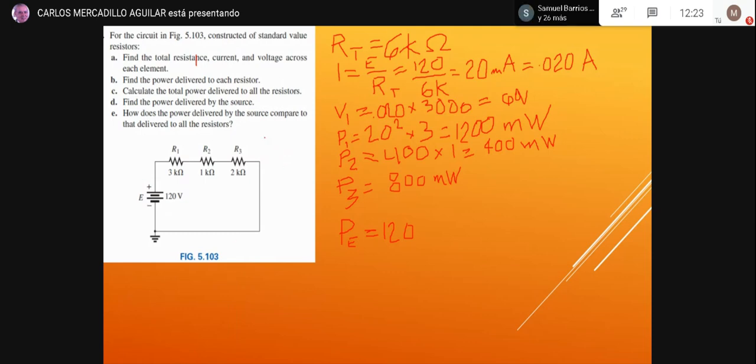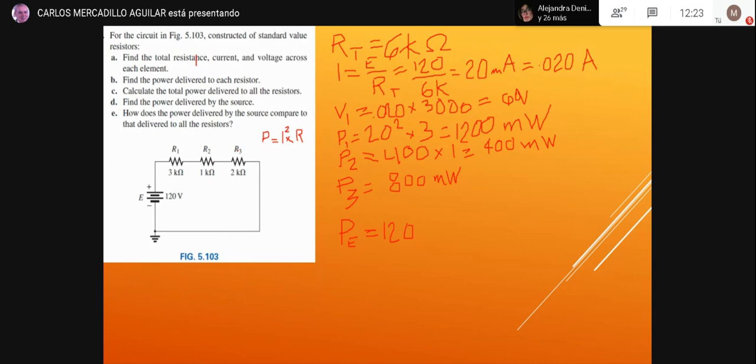I squared times R, which are R1, R2, and R3.